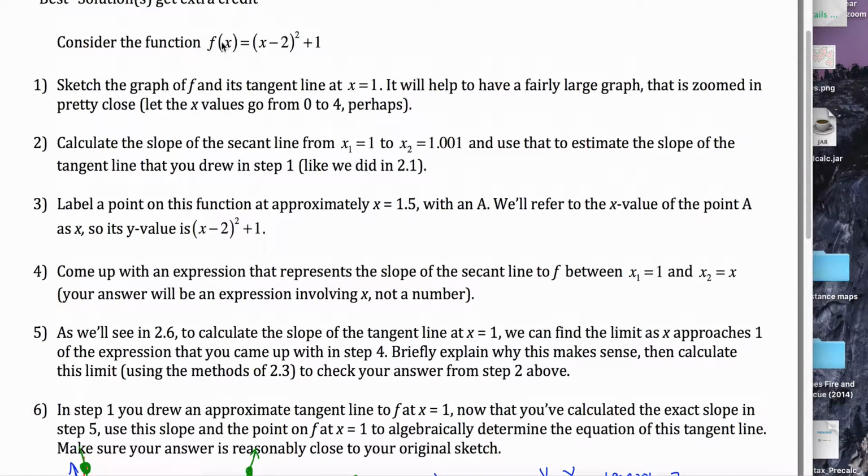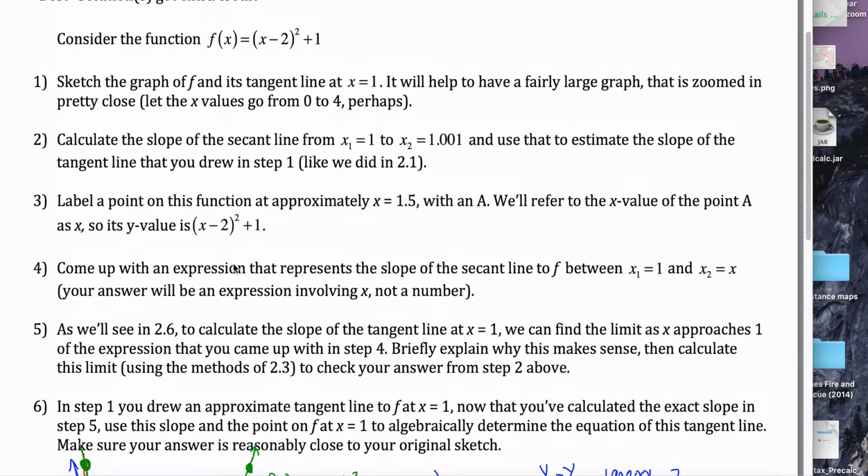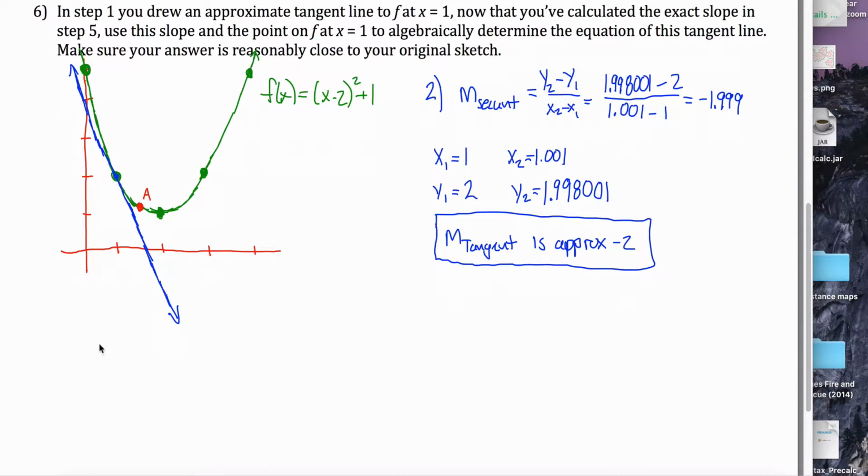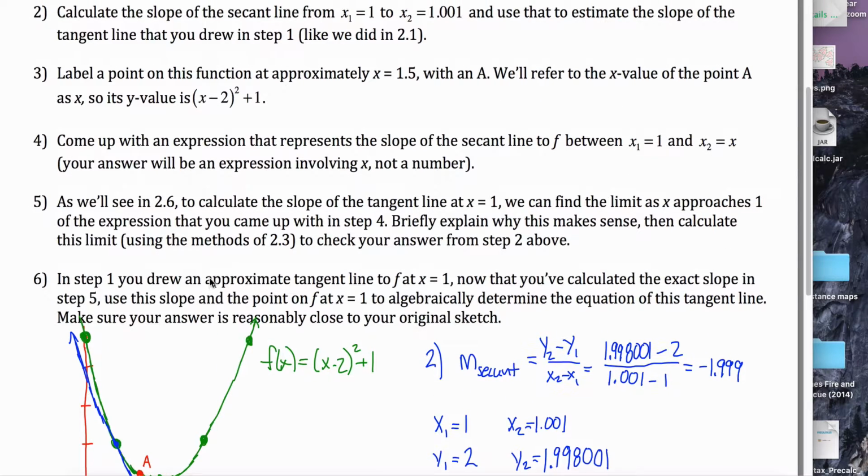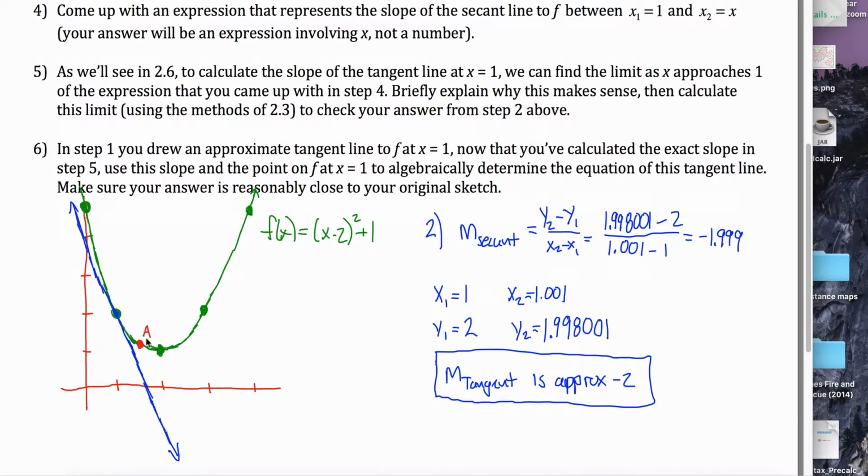To find the y value, you put the x value into this function, see what comes out. If you put x's in, that's what comes out. So this point A is equal to x, and then x minus 2 squared plus 1. So those are the coordinates of A. I guess that's all I was supposed to do on that point, is put this dot right here.